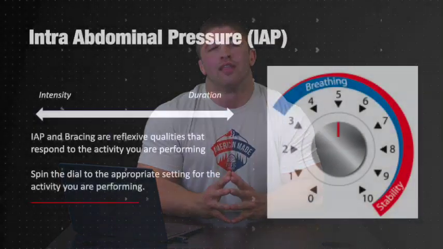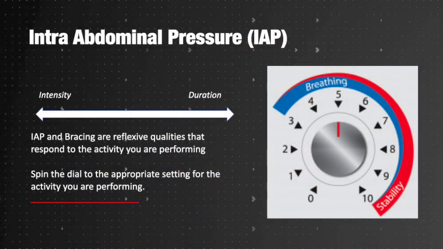Think about the task-dependent nature of trunk stabilization like a dial. That dial can turn up to 10, that dial can turn down to 1. A good 1 example is picking up this water bottle. A good 3 example would be the wall balls with the medicine ball. A good 6.5 example would be a 10 rep easy set of barbell back squat. And a good 10 example would be that 1 rep max squat.